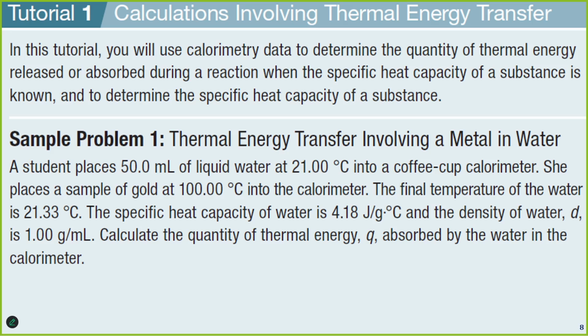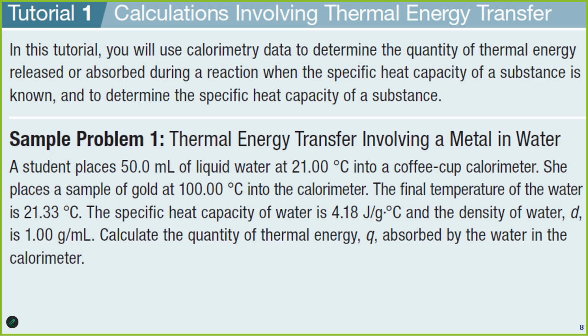So consider this sample problem here. A student places 50.0 milliliters of liquid water at 21 degrees Celsius into a coffee cup calorimeter. She places a sample of gold at 100 degrees Celsius into the calorimeter. The final temperature of the water is 21.33 degrees Celsius.